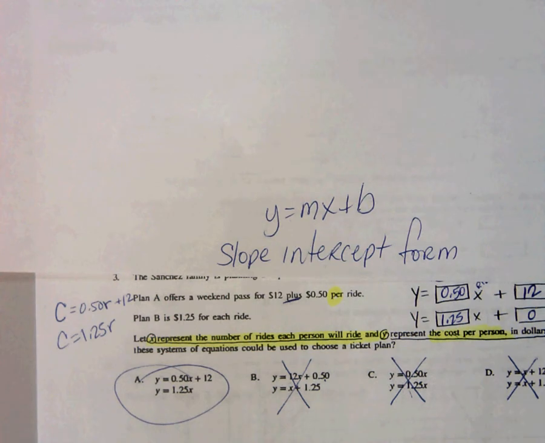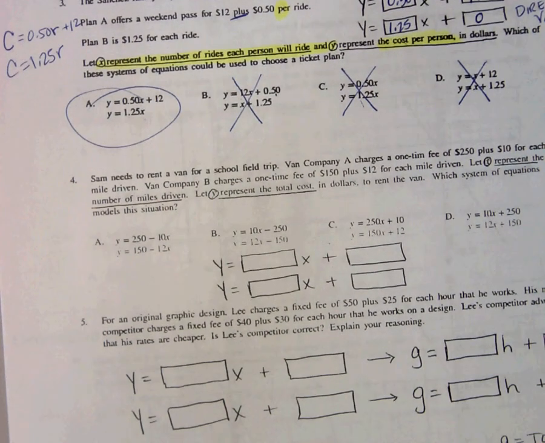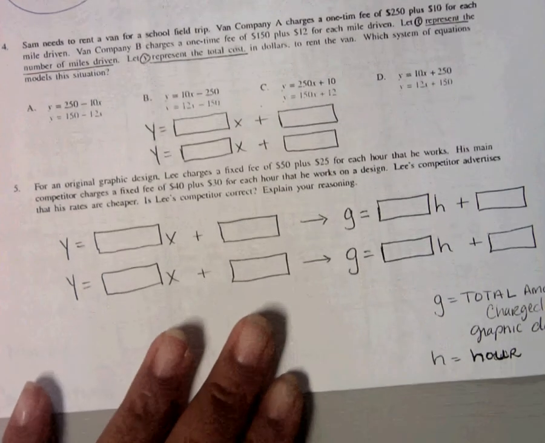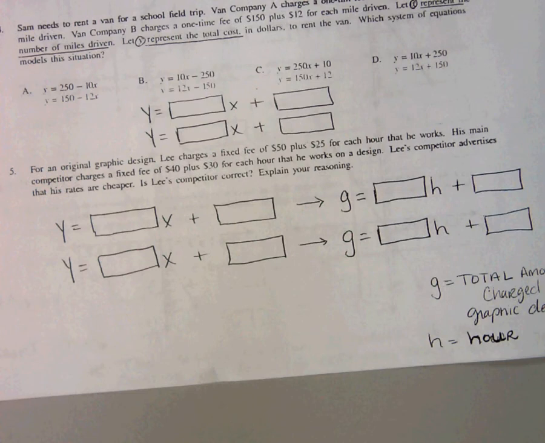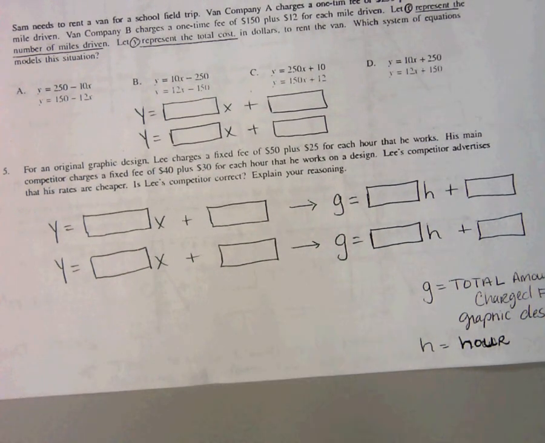And let's do that. So move this up. I'm not going to do number 4, I'm sorry. I'm not going to do number 4. Number 5 says, we're doing some graphic design. I love graphic design.